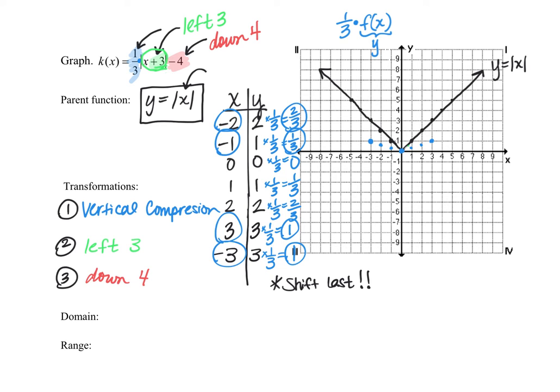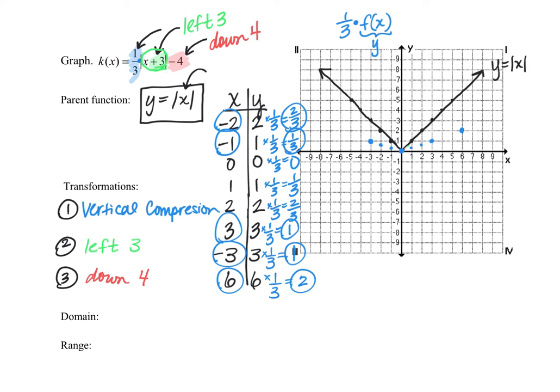So rather than doing 4 or 5, if you're thinking about other good values, 6 would be a good value because the absolute value of 6 is 6. So then when you do your compression and multiply by 1/3, 6 times 1/3 will be 2. So if you plot 6, 2, here's another good point on the graph.